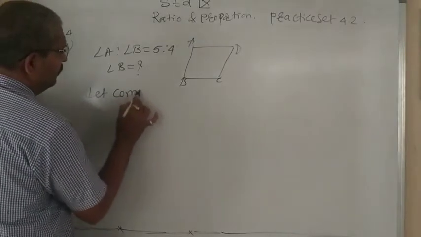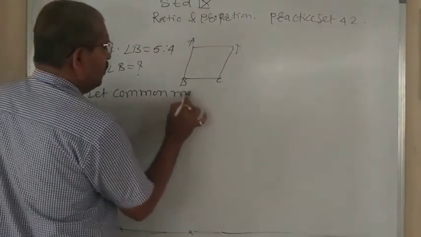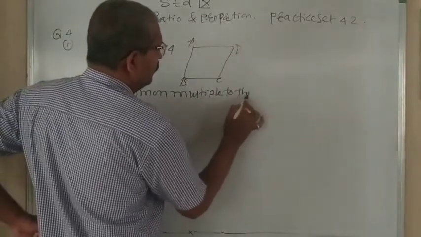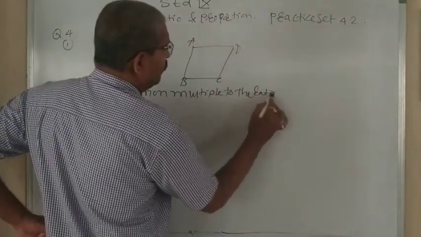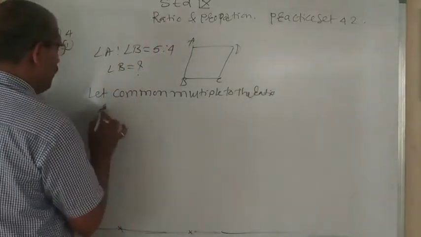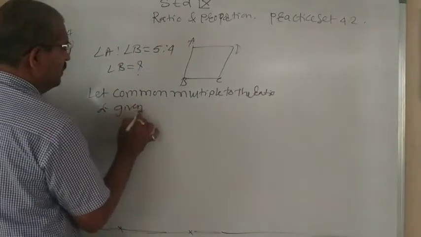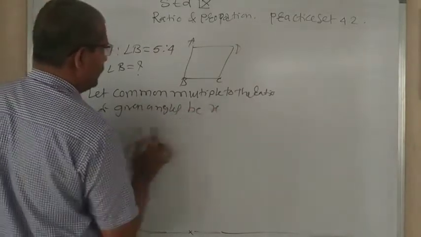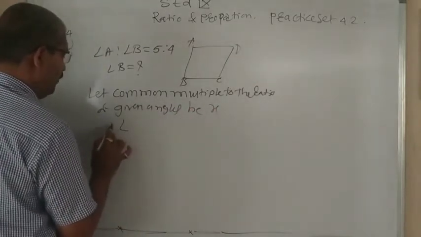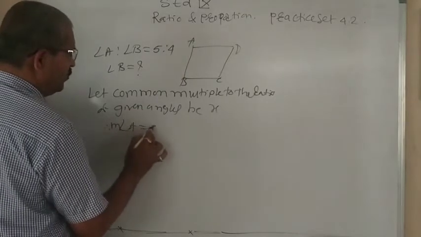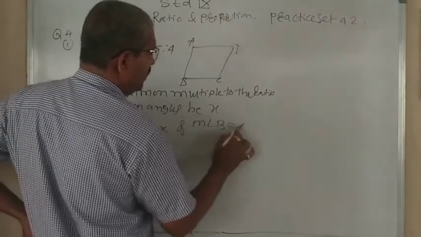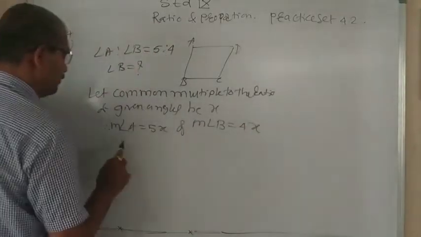Let the common multiple to the ratio of given angles be x. Therefore, measure of angle A is equal to 5x and measure of angle B is equal to 4x.